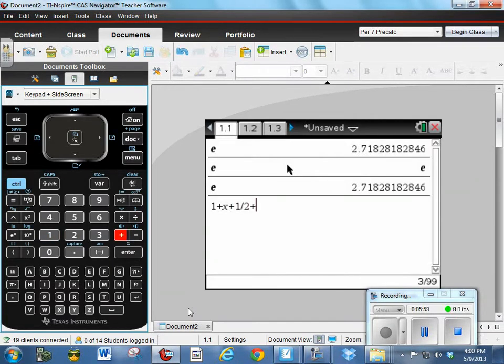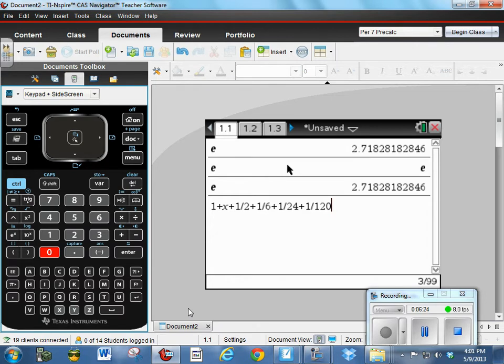And the fourth term is going to be 1 divided by 6, because that's 3 factorial, plus 1 divided by 4 factorial. 6 times 4 is 24, plus 1 divided by 5 factorial, which is 4 factorial, 4 times 3 times 2 times 1, times 5. So 5 times 24 is 120.